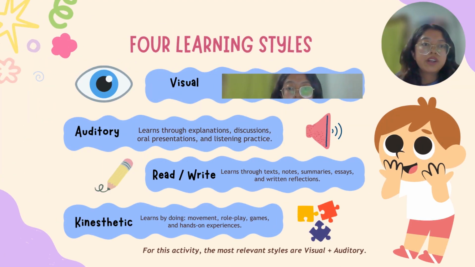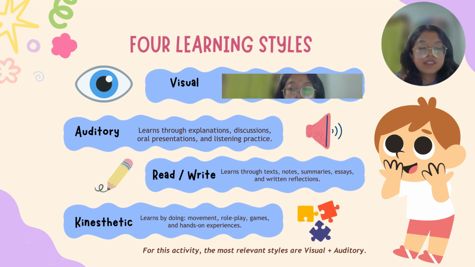Here we have the four main learning styles. First, the visual learners learn through images, color, diagrams, charts, videos, and slides. Then we have the auditory learners, who learn through explanation, discussion, oral presentation, and listening. Then the read/write learners learn through text, taking notes, summaries, essays, and reading.